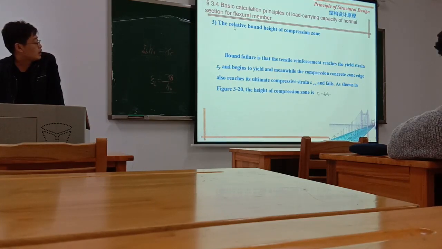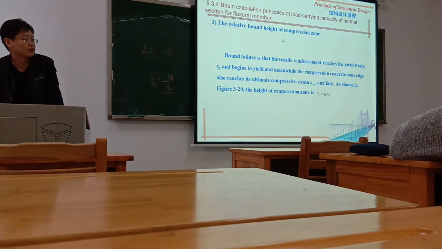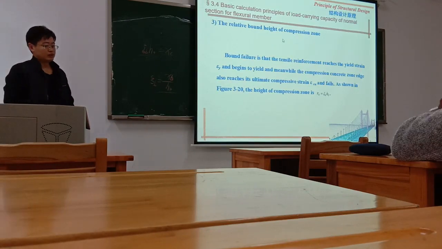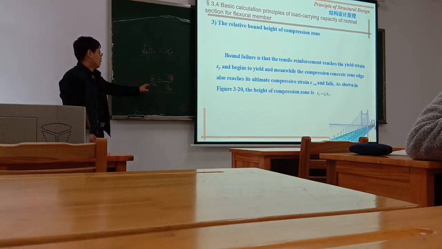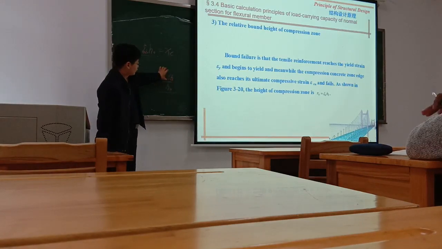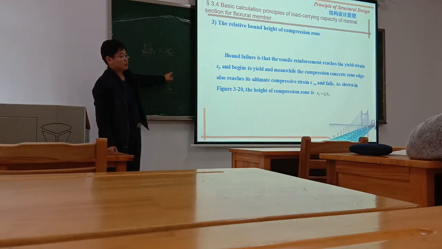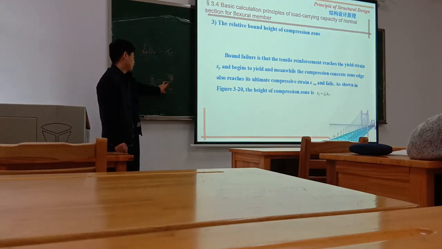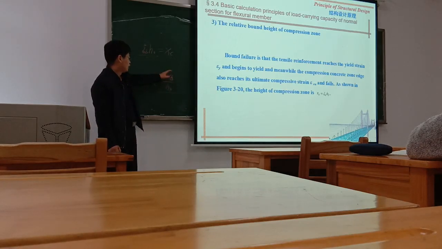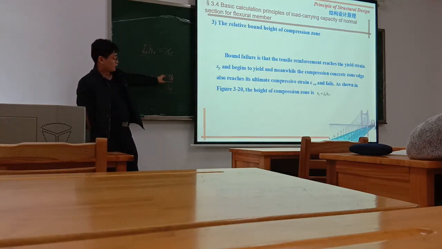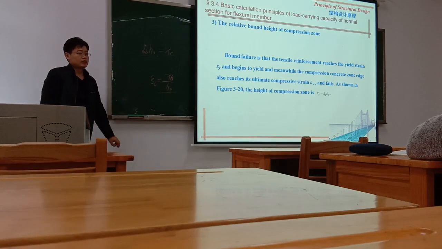And the Kc B we can call the relative bound height of the compression zone. It's not a dimensional symbol, because XB has a dimension, meter or something like this, H0 has the same dimension, and divided by this dimension it is dimensionless.